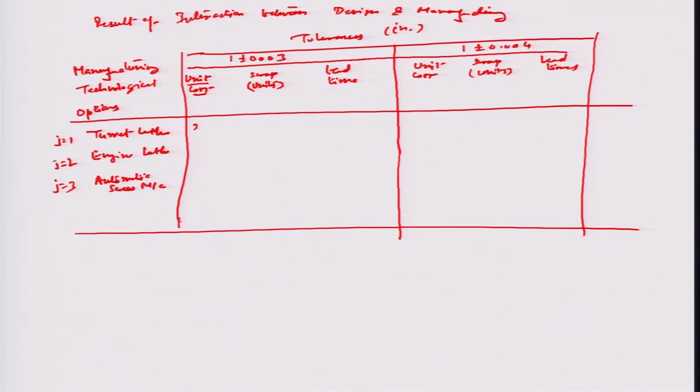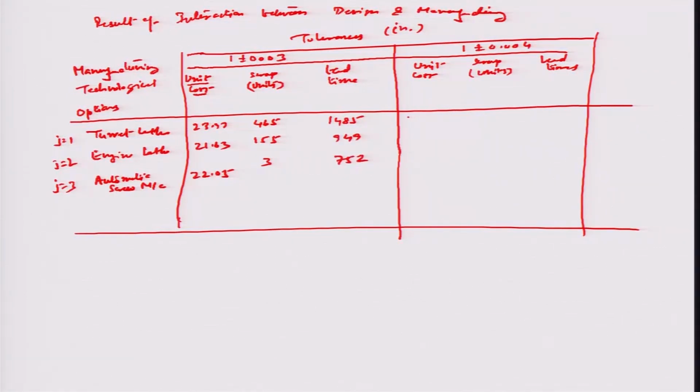The unit costs here are 23.97, 21.63, and 22.02 units of currency. Similarly, the scrap generated is 465 in one case, 155 in the other, 3 in the other, and the lead time, if we calculate using setup times as well as processing times, is 485, 949, and 752.